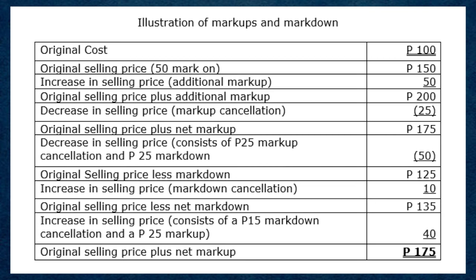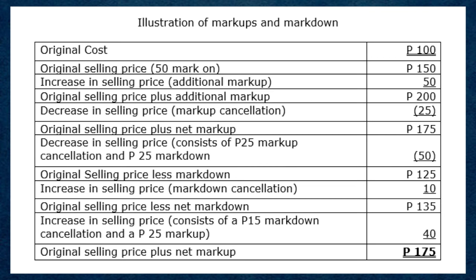Decrease in selling price consists of 25 pesos markup cancellation and 25 pesos markdown, which is 50 pesos. Original selling price less markdown is 125 pesos. Increase in selling price, markdown cancellation, 10 pesos.